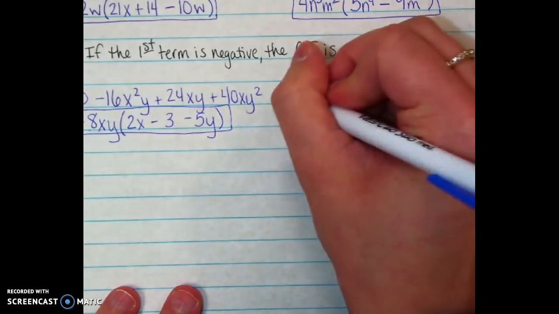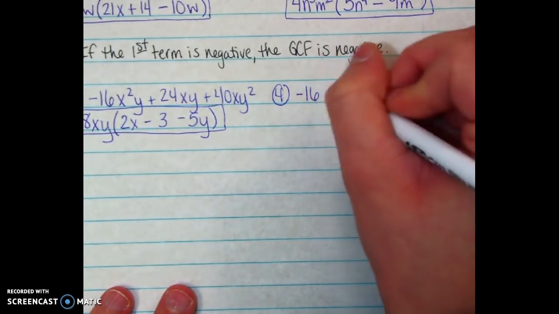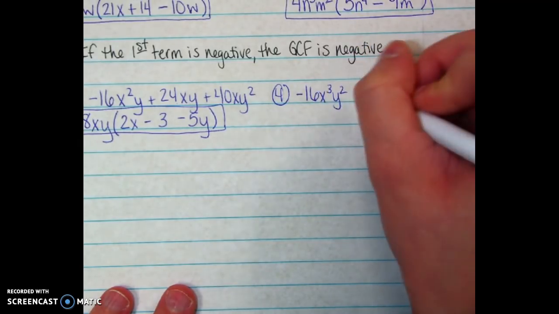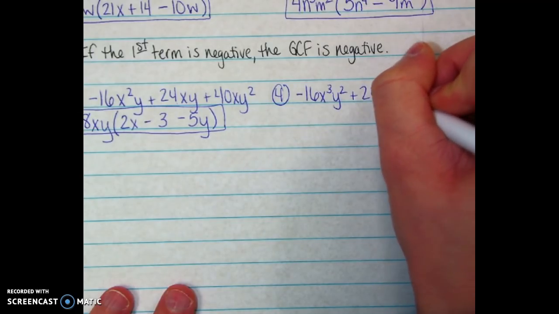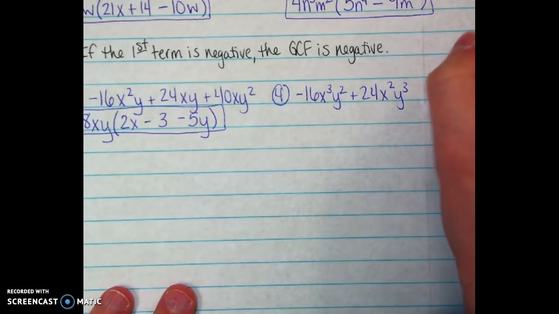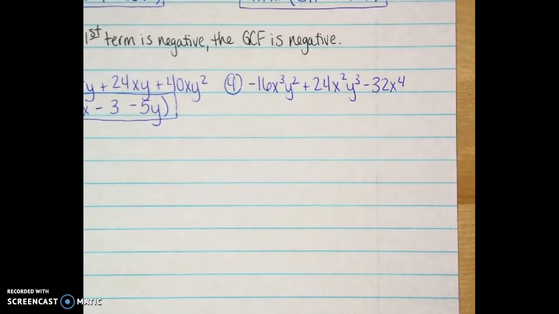Okay, number 4. Negative 16x cubed y squared plus 24x squared y cubed minus 32x to the 4th. And please pause this whenever you can so you can do this on your own.